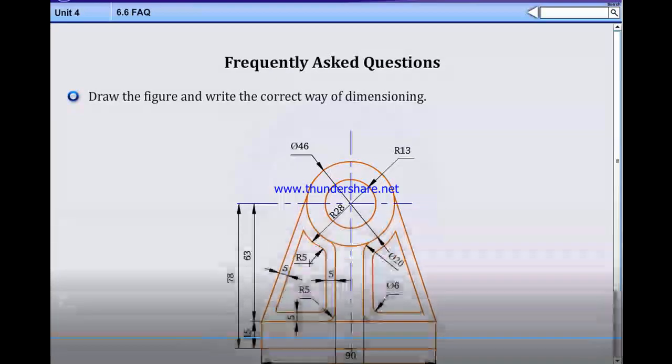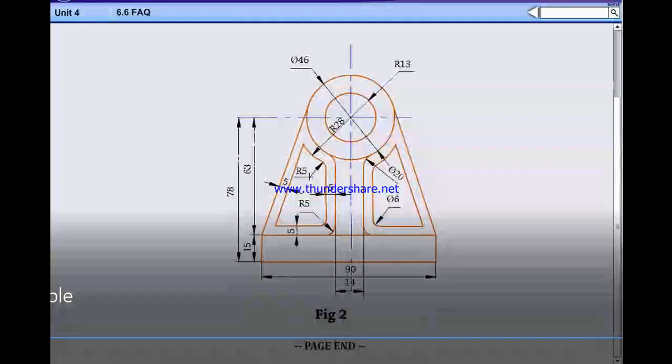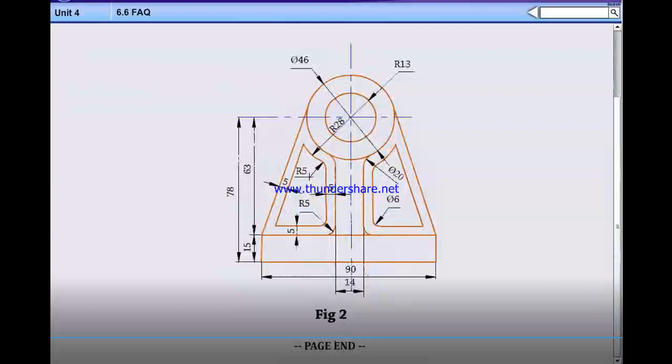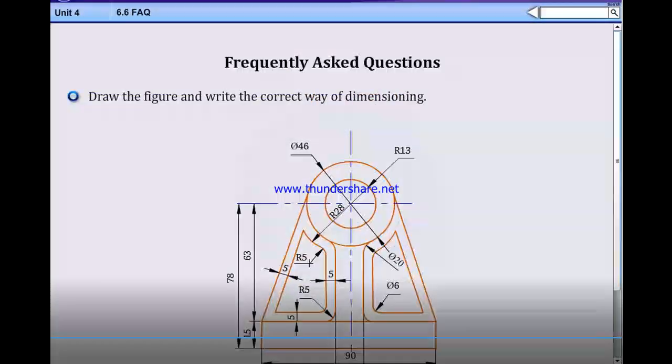This is the correct one. You observe first here R28, R13. So in the previous representation, when R, that is radius, is given, you have to convert it into dia. The phi symbol should be placed before the value, that is 13 means 26, 28 means 56. You have to double it, that means dia, you have to represent dia.